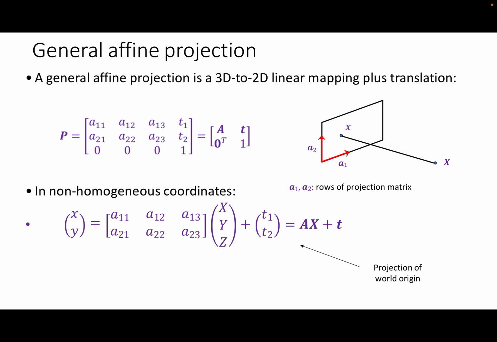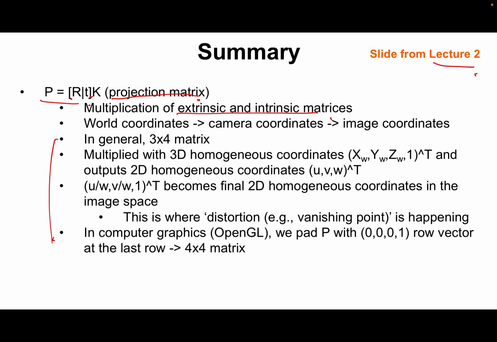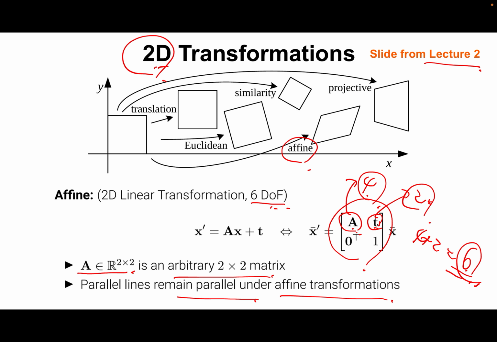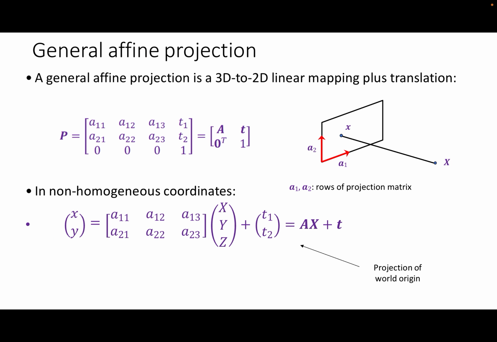Okay, I hope you are now familiar with the projection matrix and affine and projective transformations. The general affine projection is like this: if we'd like to project a 3D point to this space, we can use this projection matrix. And as we are going to use affine projection, our projection matrix looks like this.